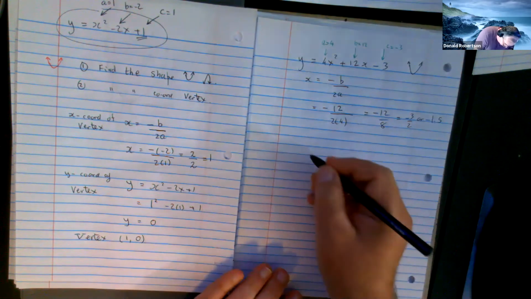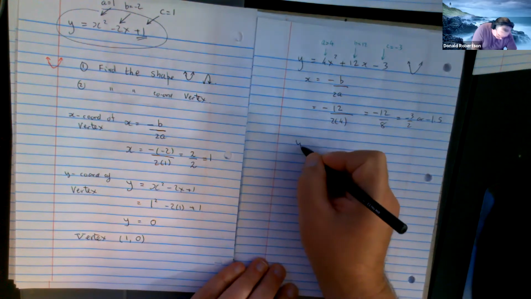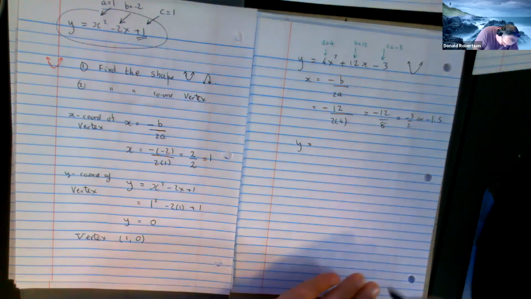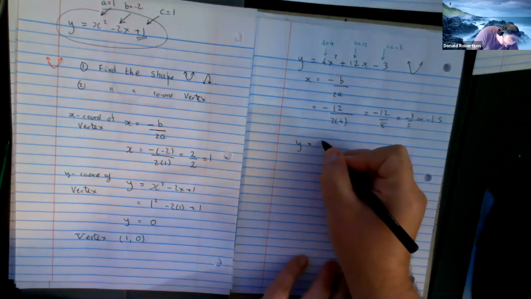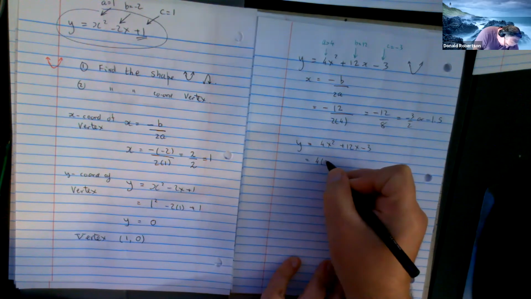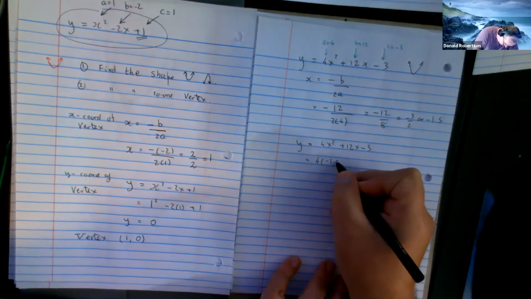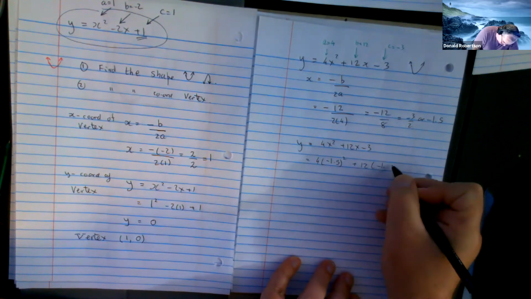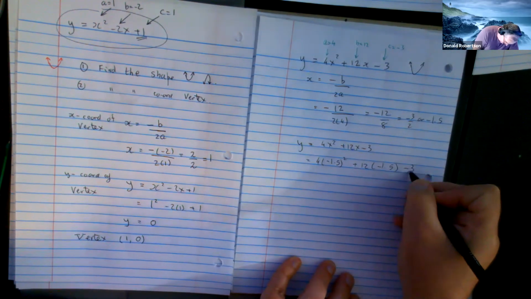And what's the y coordinate going to be then? Well, it's whatever this gets you when x is that number. So it's 4 lots of negative 1.5 squared, plus 12 lots of negative 1.5, take away 3.